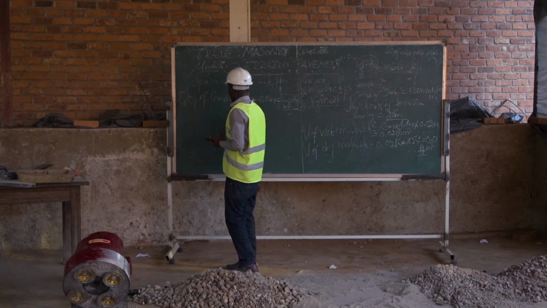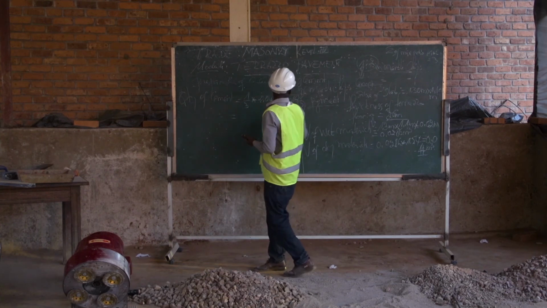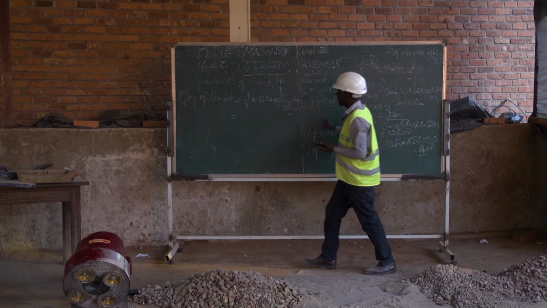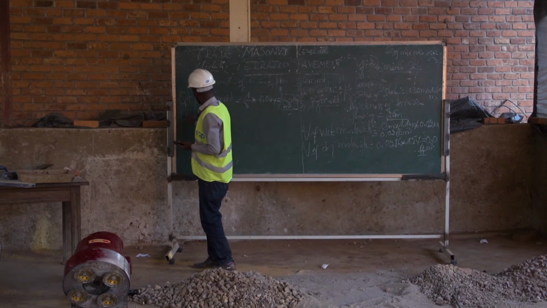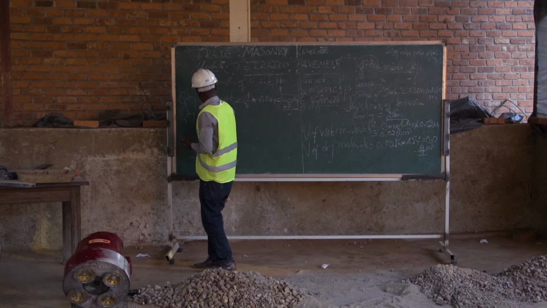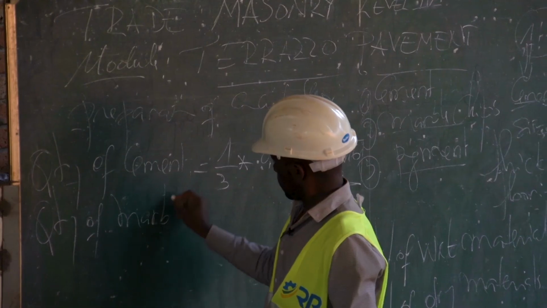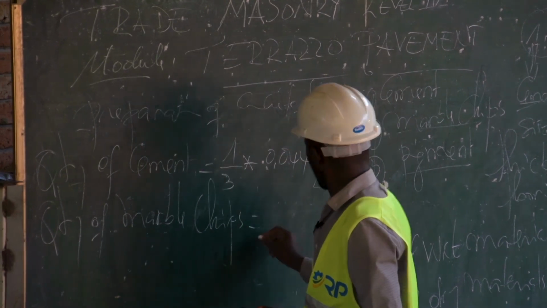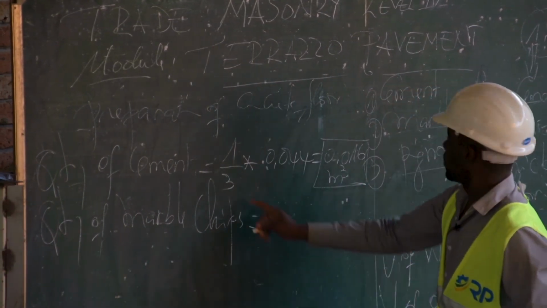Then what about the ingredient, I mean the aggregate or those marble chips? The quantity of marble chips will be equal to what?